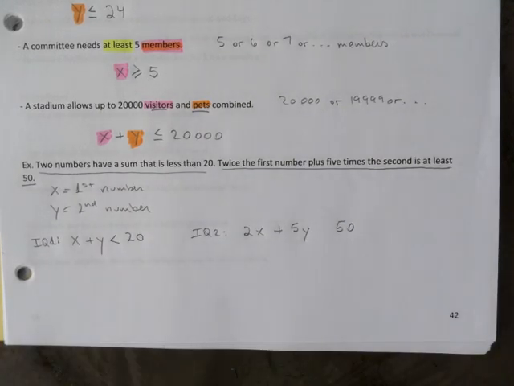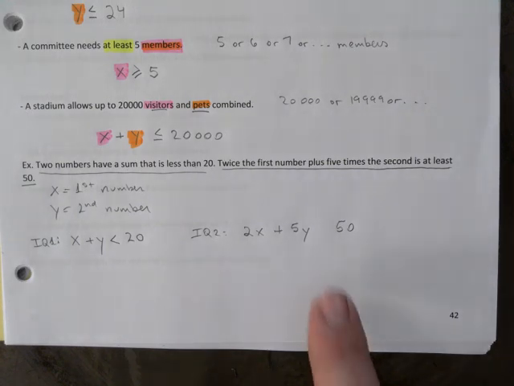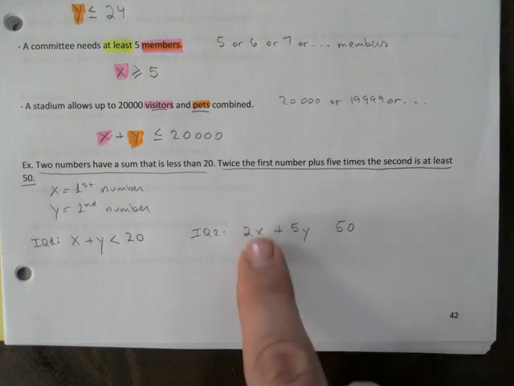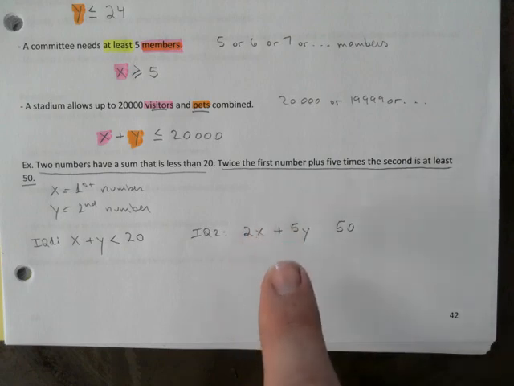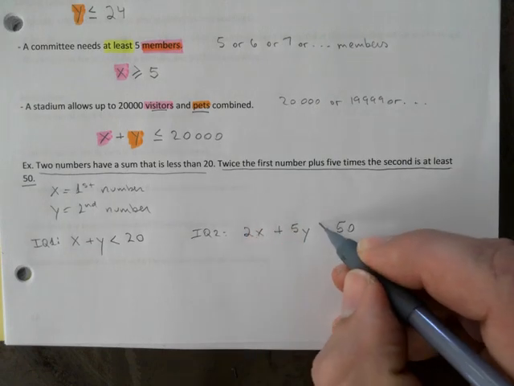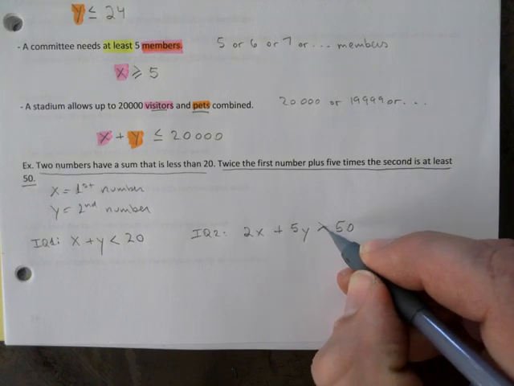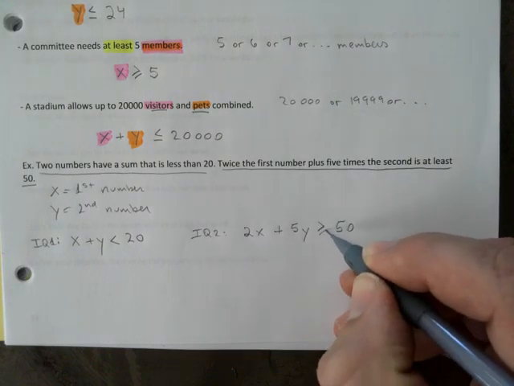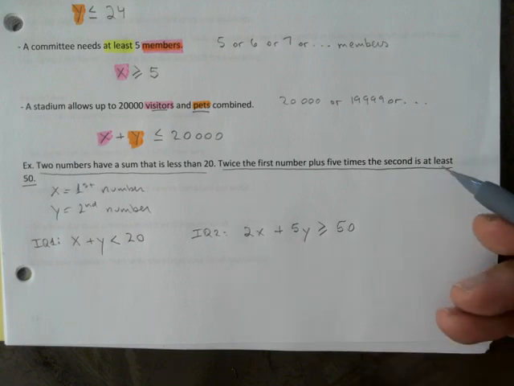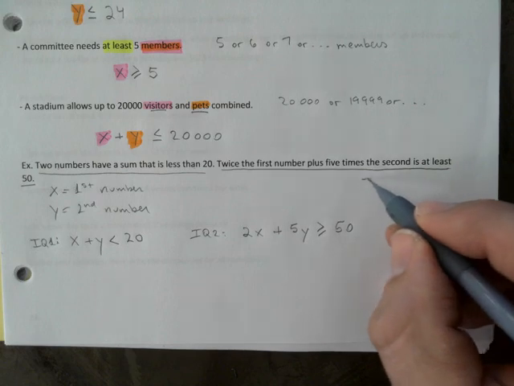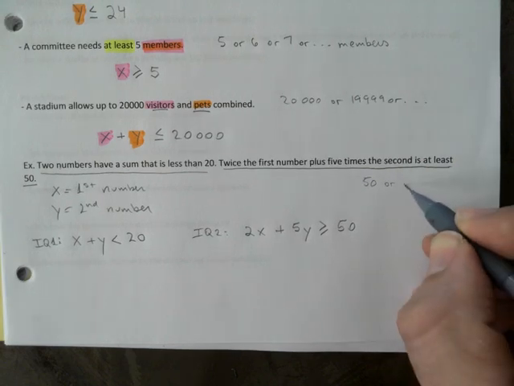Which way does that thing point again? At least 50. I want this side to be 50 or more. That's what that is saying. So you have to point it this way. It could also be equal to, because the words at least indicate that it could be 50 or more.